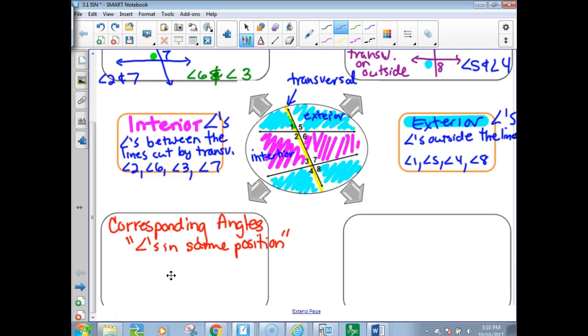They're going to be in the same position along the 2 lines that have been cut by the transversal. So I'm going to draw my diagram again.